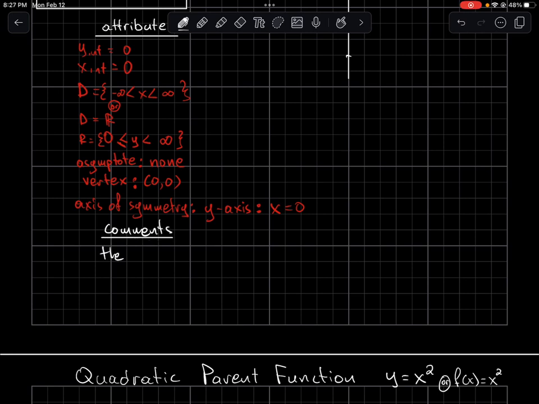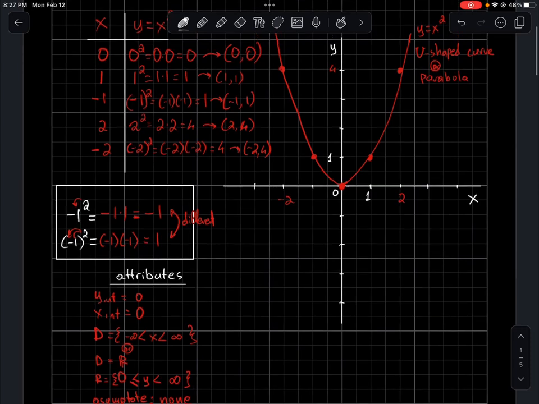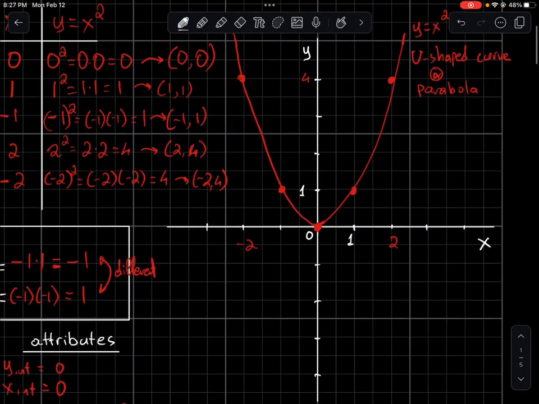The axis of symmetry goes through the vertex. That will happen also in the transformed functions.